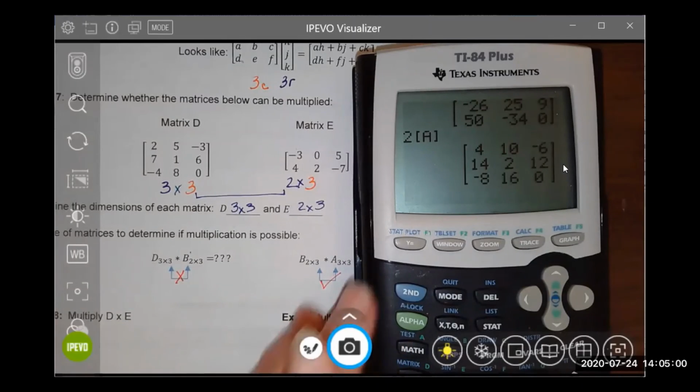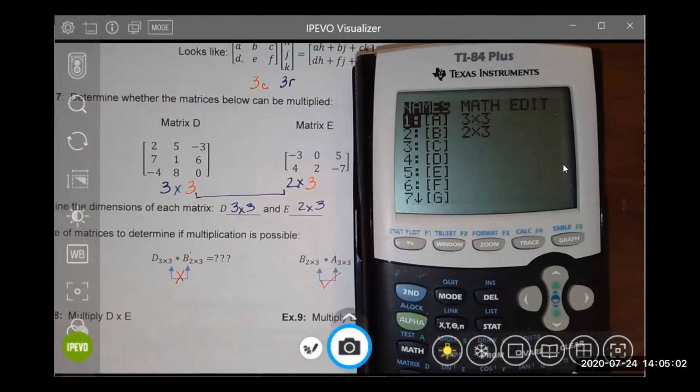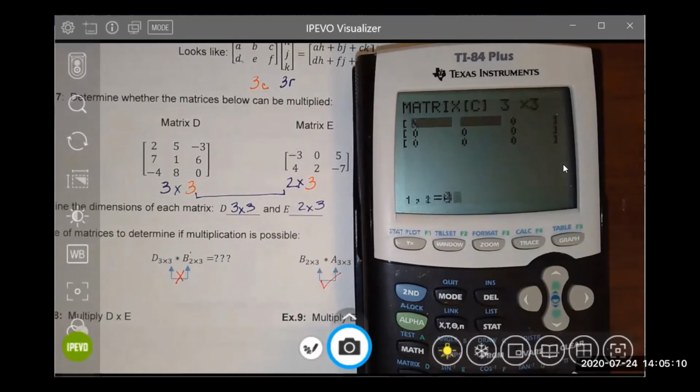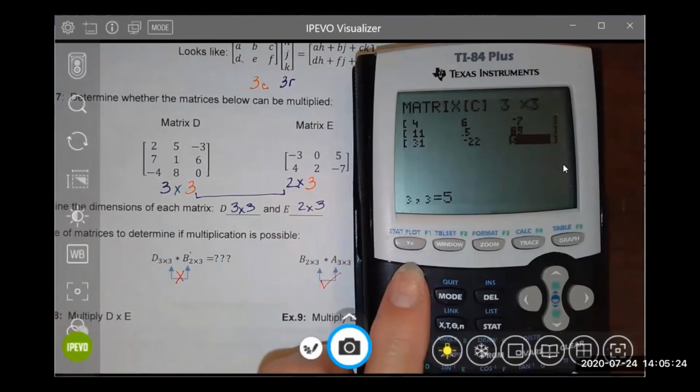I could enter another matrix, second matrix, go over to edit, try a third one. And this one I want to be a 3 by 3, so I can show you some adding and subtracting. And I'm just making up some numbers here. They do not have to always be whole numbers. They can be anything your heart desires. There we go. I have a silly matrix in here.